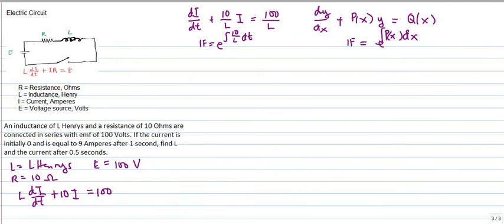Again, this equation follows the form of a first order linear differential equation, so we find the value of our integrating factor. The integral of 10 over L dt is 10 over L times t.